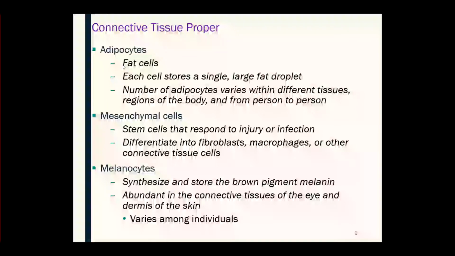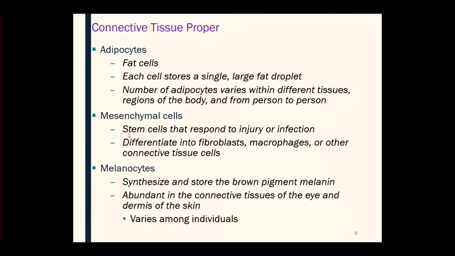For instance, if we had to make new connective tissue, they could turn into fibroblasts, because if you remember from the previous slide, fibroblasts make the connective tissue. They could become a macrophage, which is a phagocytic cell, a cell that fights infection, or any other connective tissue cell that we need. So these are very valuable cells. Just think of them as stem cells.